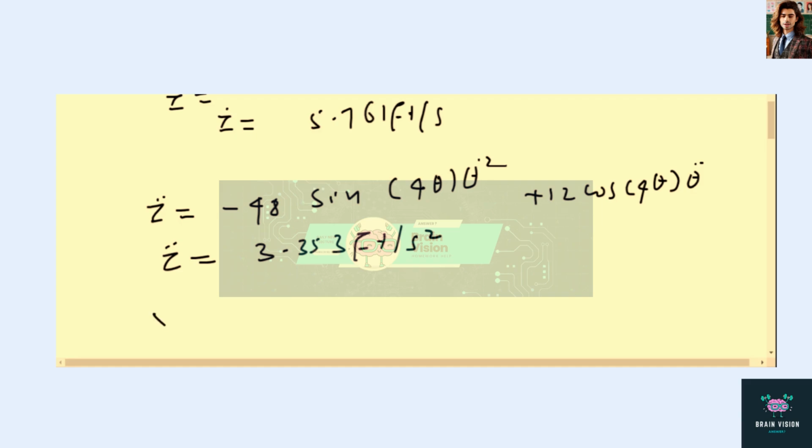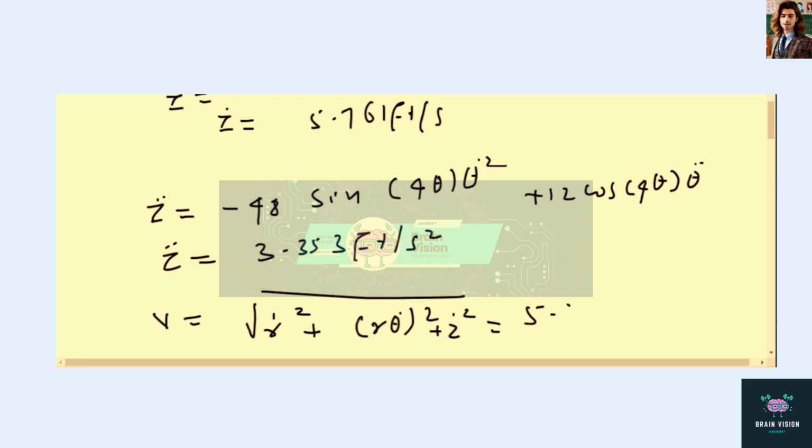Now V is equal to root of R dot squared plus (R theta dot) whole squared plus Z dot squared, which is equal to 5.953 feet per second.